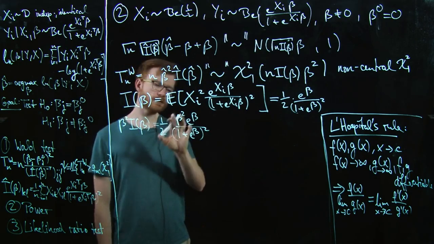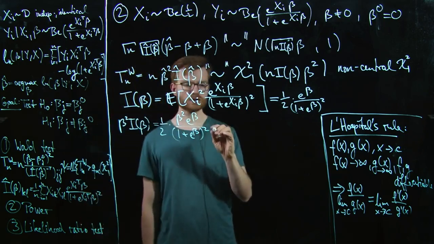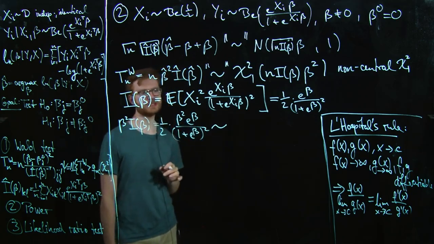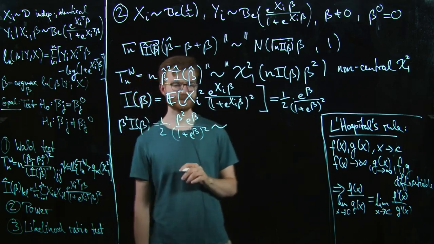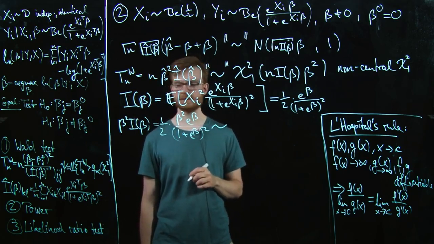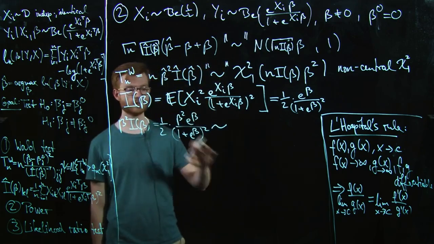So I have this. Both numerator and denominator go to infinity. We checked. So let's write this in terms of a tilde, but this tilde does not mean distributed, it just means asymptotically equivalent, which means having the same limit as beta goes to infinity. Right, and I'm only restricting to the case of beta going to infinity. This corresponds to the plot that we just saw.